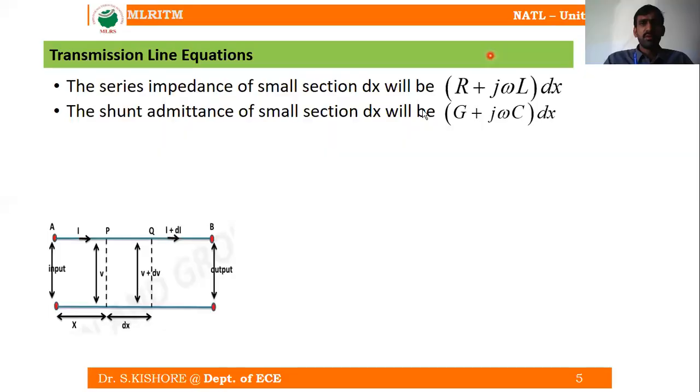And the decrease in current is due to the voltage applied to the shunt admittance, that is G plus j omega C for the section of dx, so G plus j omega C into dx, right?